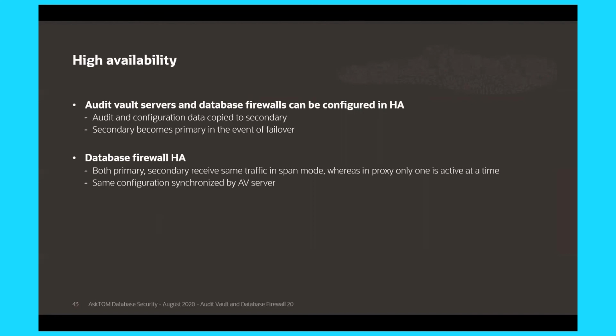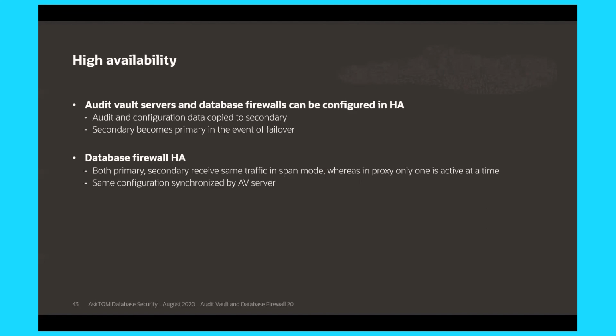The underlying technology for that is Oracle Data Guard. For the firewall, if you are in monitoring mode, in other words, if you're not in line, you can do high availability using something called a resilient pair, where one of the firewalls is up all the time and another one just sits there in standby. If the primary goes down, the secondary comes up.